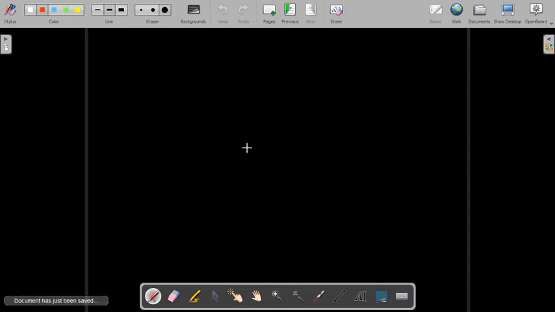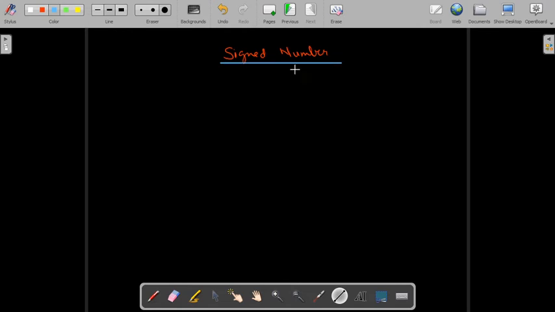Now in this way your signed numbers can be of three different types. First, signed magnitude.